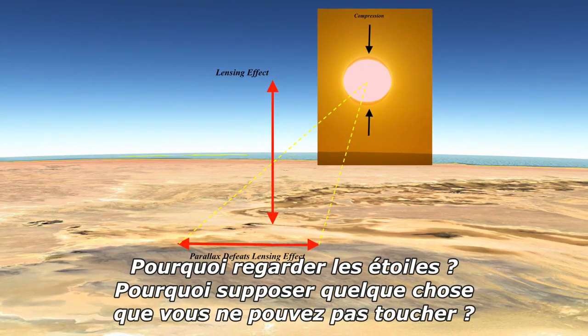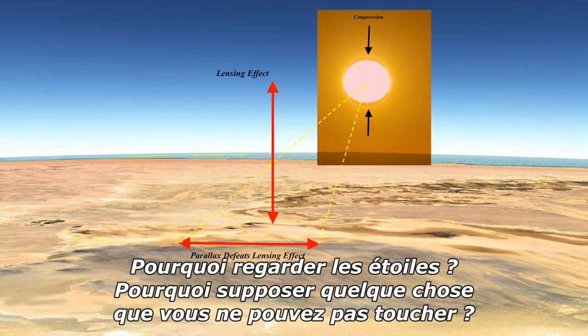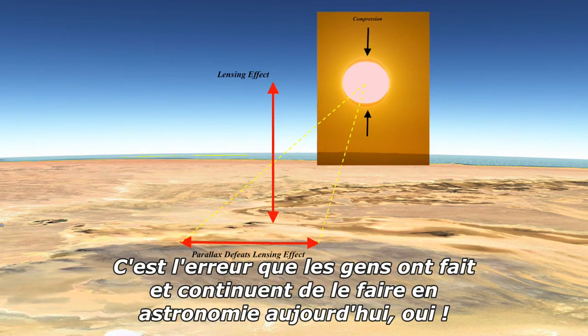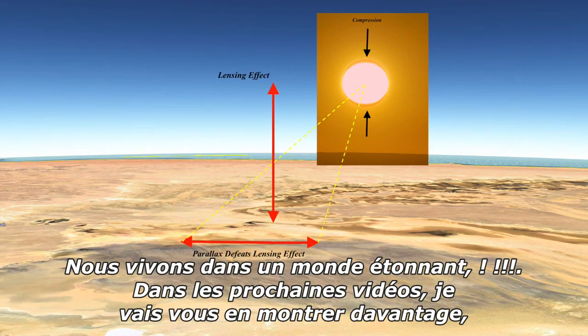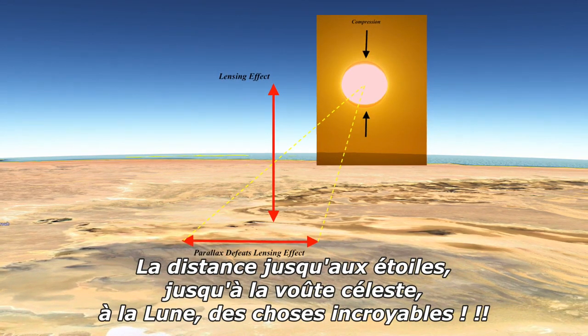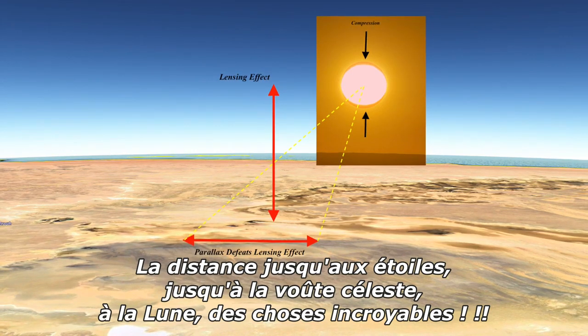Why look at the stars? Why assume something that you cannot touch? That's the error that people have made and continue to make in astronomy today. Incredible world we live in, folks. In upcoming videos, I'm going to show you more: the distance to the stars, to the vault of the heavens, the celestial dome, the moon.